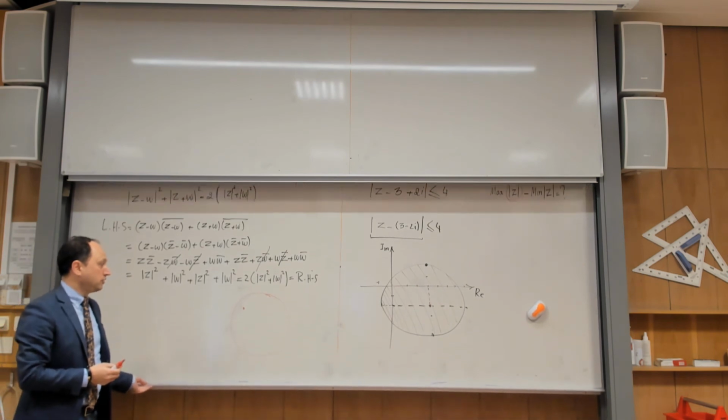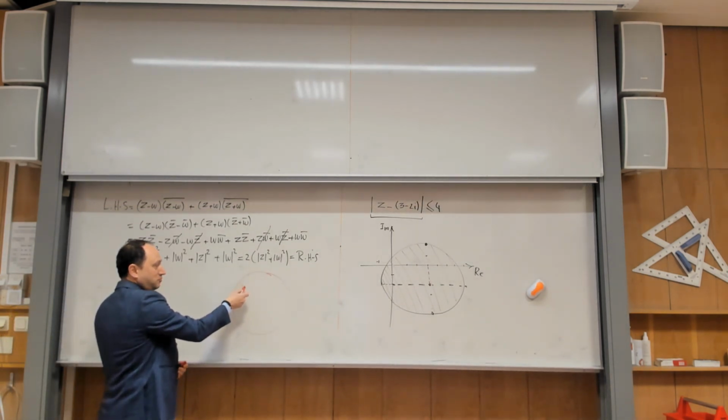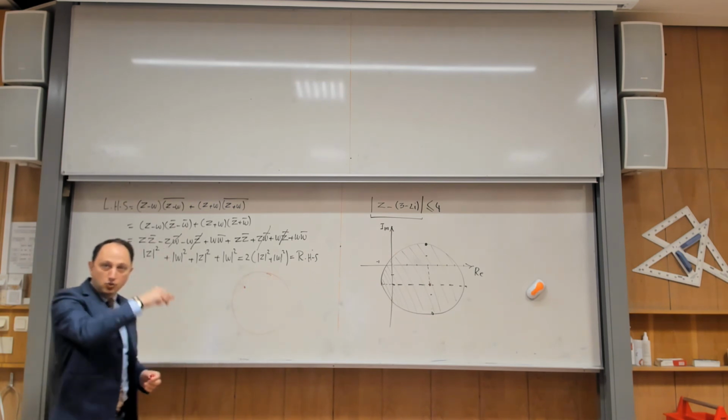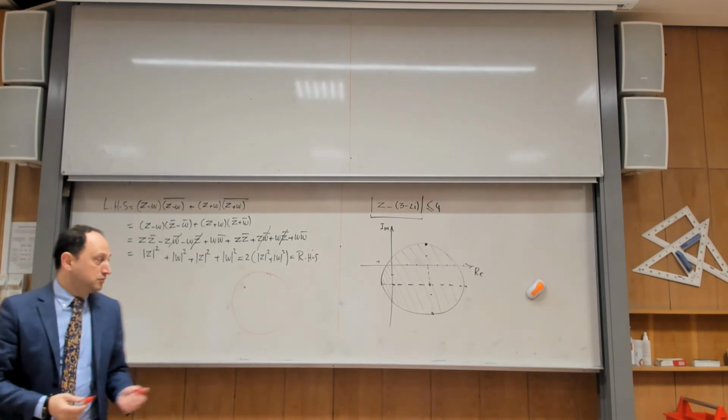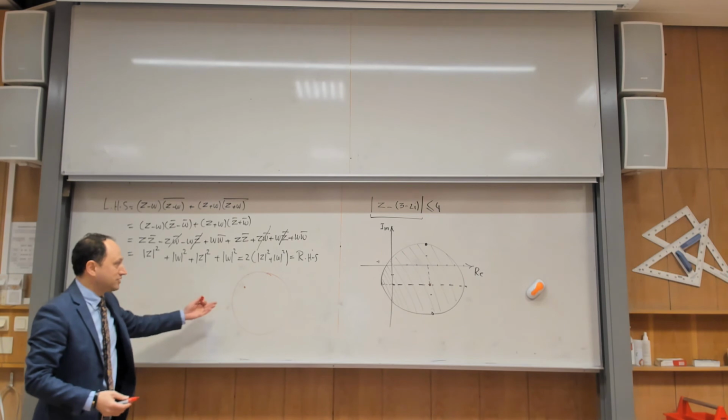Where do you think I should be? For example, if I am here, the distance is not maximized. Yes, I can be here. The distance becomes longer. So where do you think I should be exactly so that the distance to this point becomes maximum possible value?